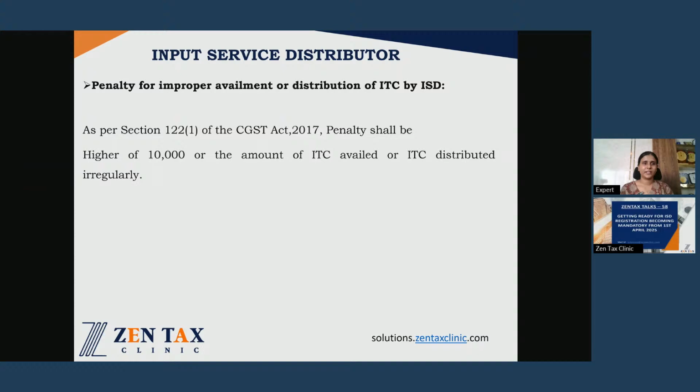From this we can see the penalty amount is actually huge. So we need to properly consider such ITC. Otherwise, we will be liable to pay the tax amount, interest, as well as 100% of the tax as penalty. So we need to apply proper calculation and determine the ISD credits to be transferred.